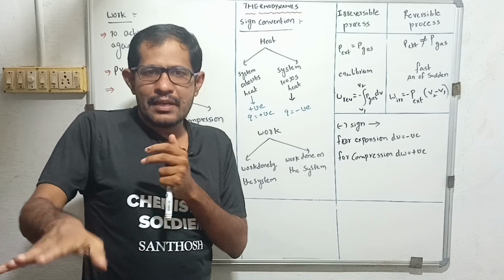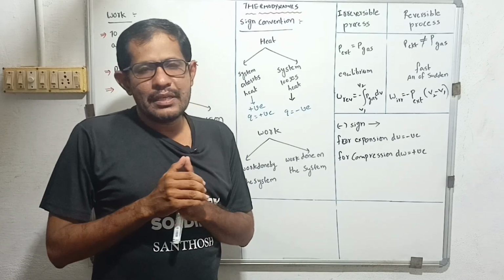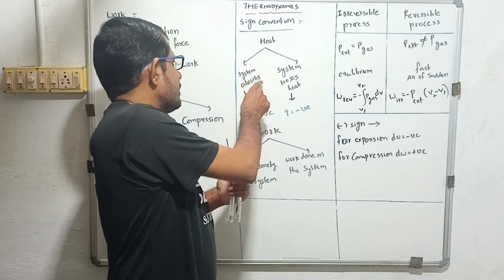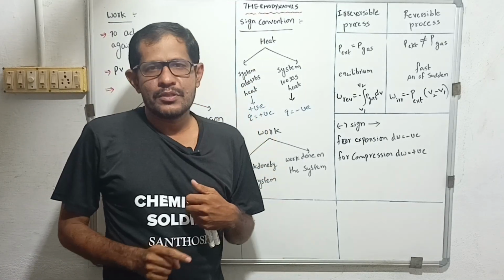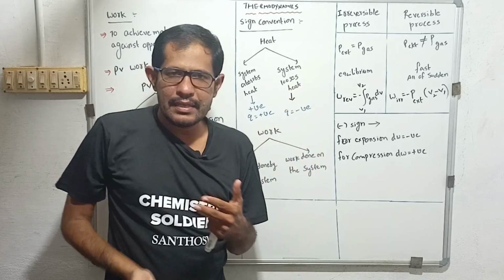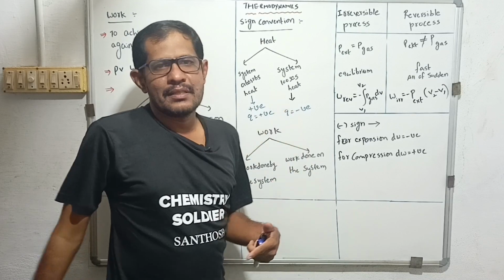If a system loses energy, or there is a decrease in energy, give the negative sign. Here the system absorbing heat gains energy, so Q is positive. When the system loses heat, it is decreasing energy, so Q is negative.